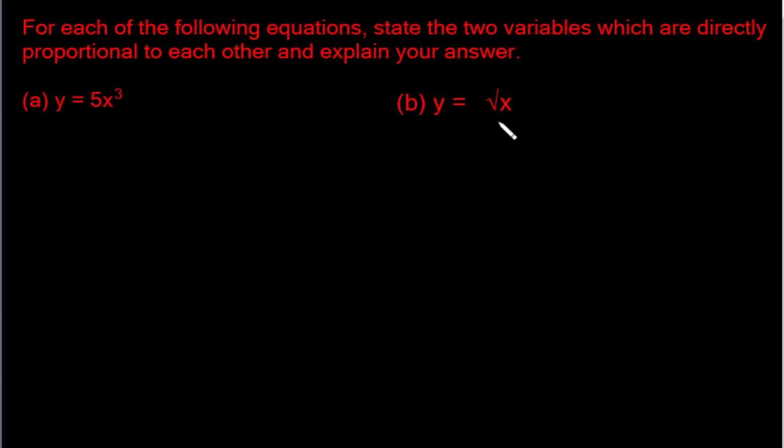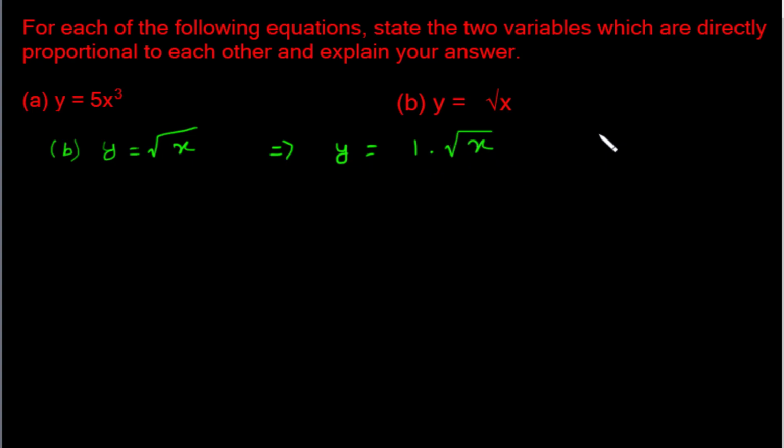Now, in the same way, for y is equal to square root of x, I can also solve this in that manner. If I have to write it, let me write it as y is equal to 1 times square root of x.